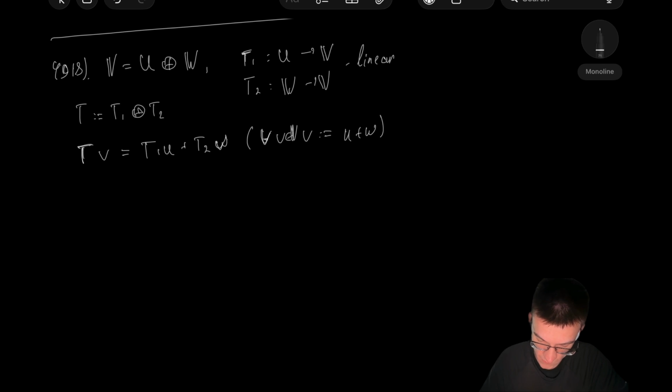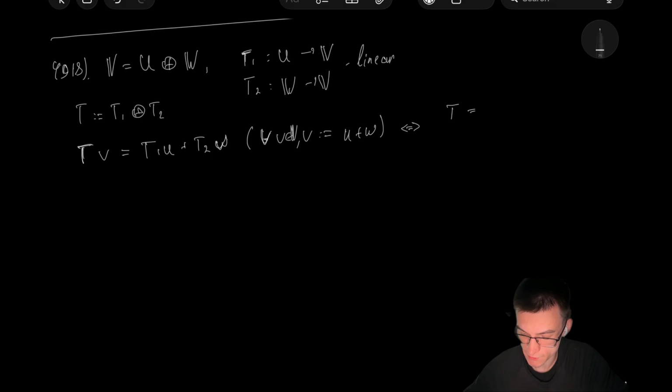So this is equivalent to saying that T1 is a restriction of T to U, and T2 is a restriction of T to W.